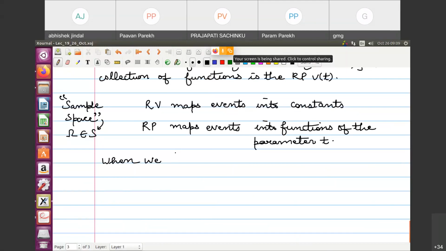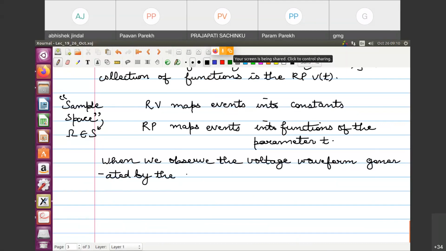So when we observe the voltage waveform generated by the noise source, we see one of the sample functions.